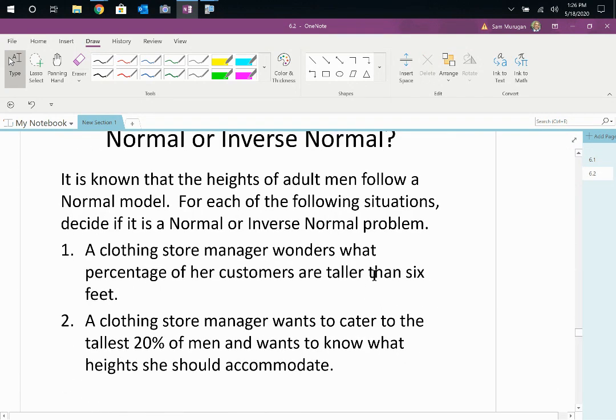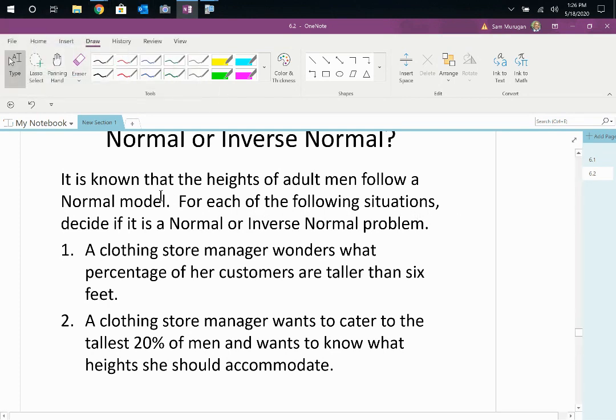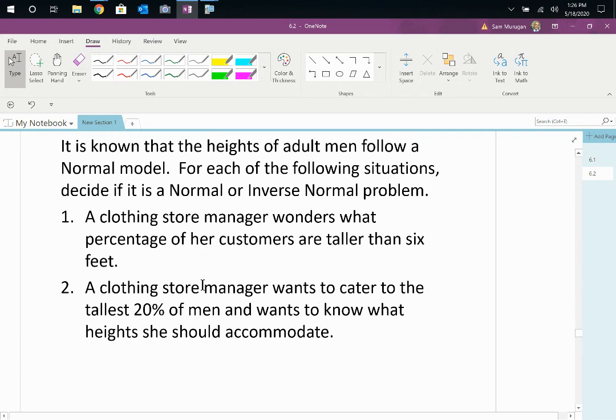How do you determine if it's normal or inverse? So you want to look. It is known that the heights of adult men follow a normal model. For each of the following situations, decide if it is normal or inverse. The clothing manager wonders what percentage of her customers are taller than 6 feet.